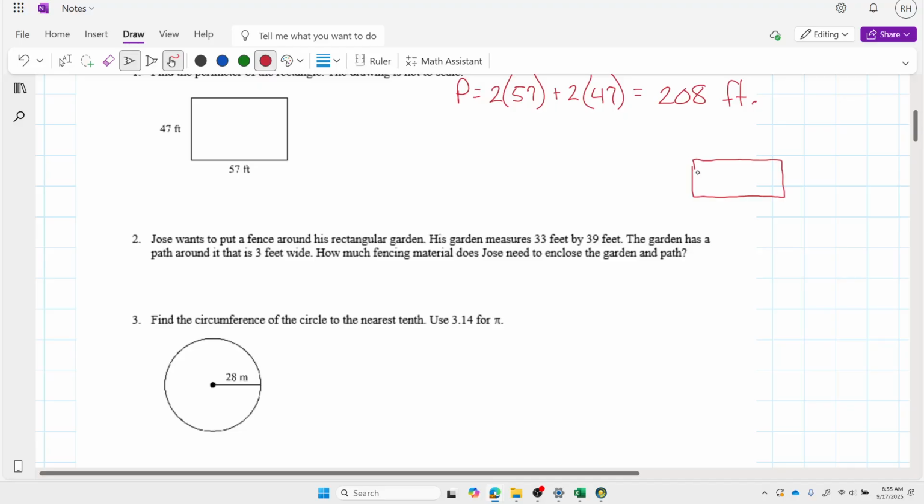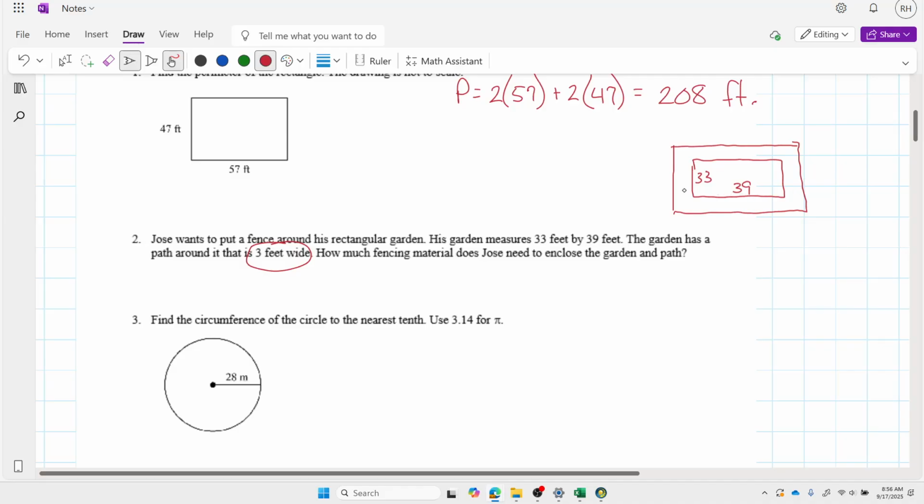All right, so this is 33. This is 39. The garden has a path around it that is 3 feet wide. So this garden has a path around it. The path is 3 feet wide.